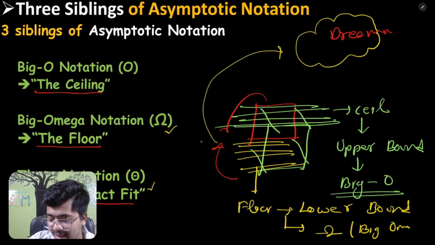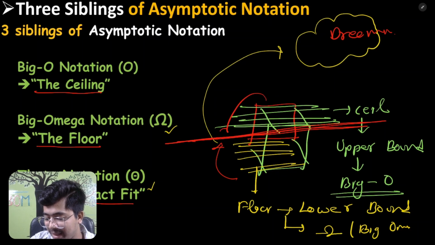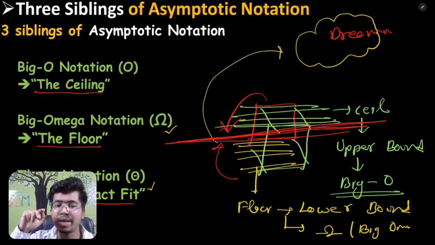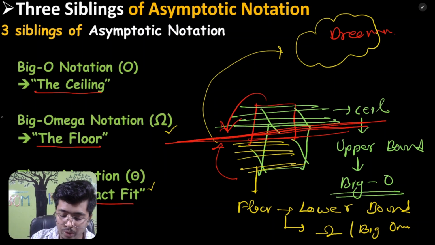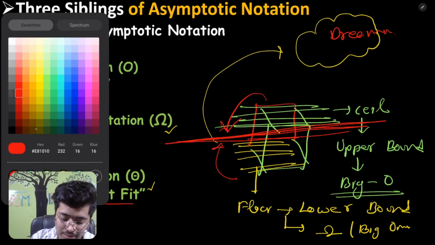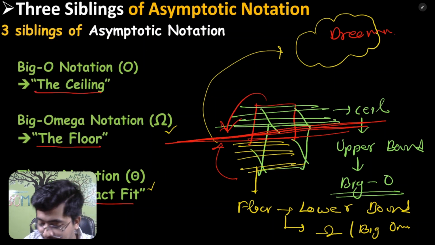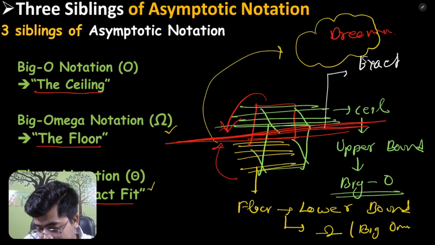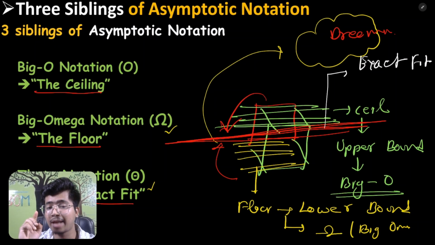The upper bound and lower bound collapsed, which means they got an exact fit. So we represent this by utilizing the theta notation, because that is the case in our dream of exact fit.